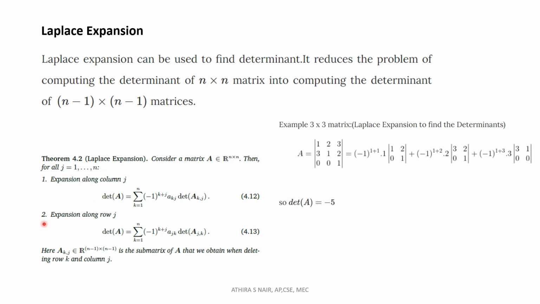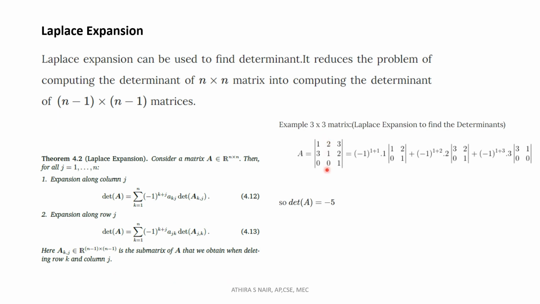And we can also write expansion along row j, that is, the determinant of A is equal to the summation of (-1)^(k+j) a_jk det(A_jk). Here, A_kj, an element of R^((n-1)×(n-1)), is the submatrix of A that we obtain when deleting row k and column j. We will see an example.